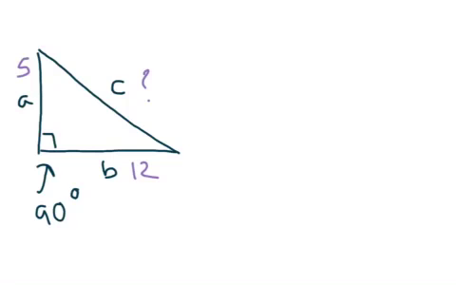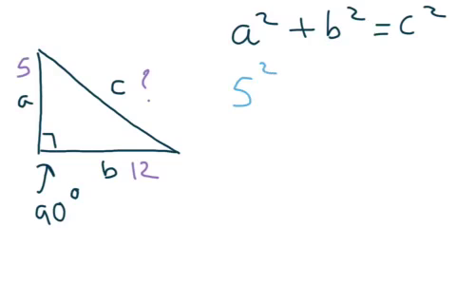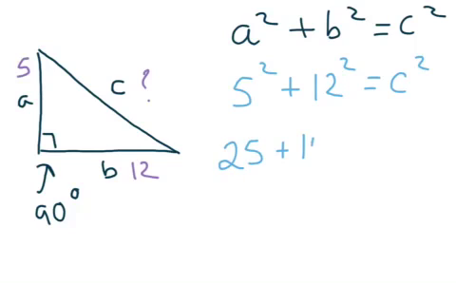So remember, a squared plus b squared equals c squared. So we will simply substitute. 5 squared plus 12 squared equals c squared. This gives us 25 plus 144 equals c squared. 169 equals c squared.